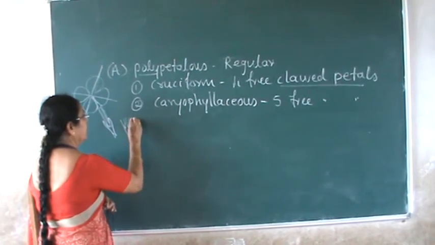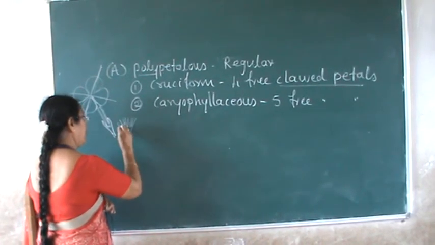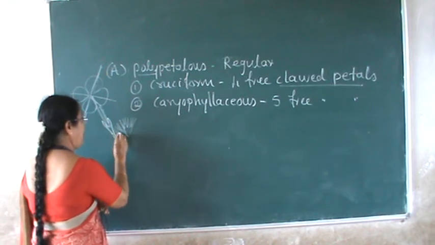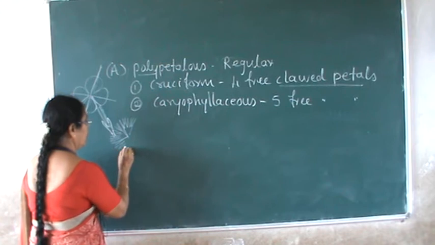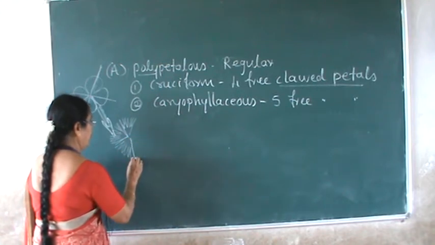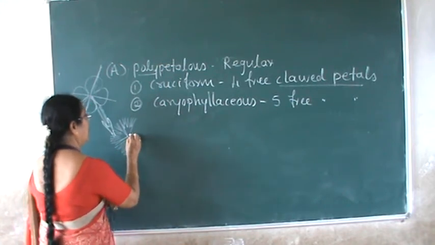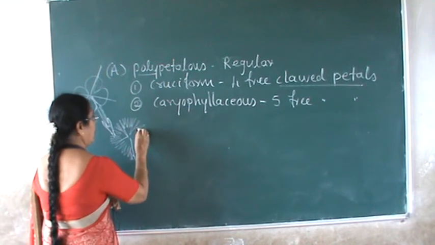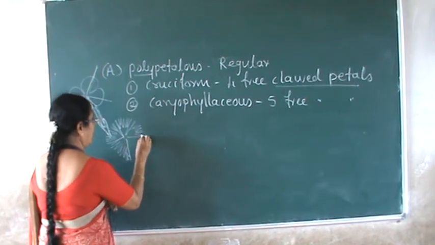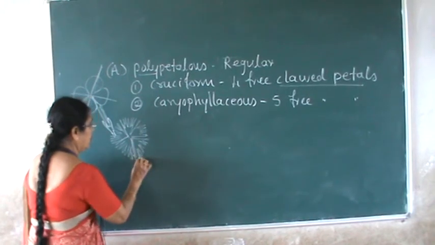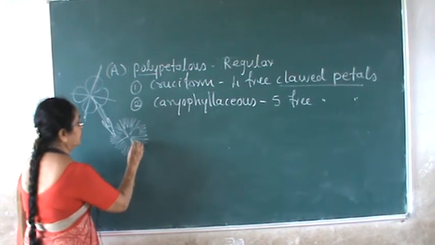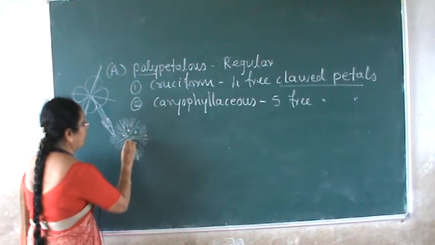So you can draw like this. Fifth petal. So this is 1, 2, 3, 4 and 5.